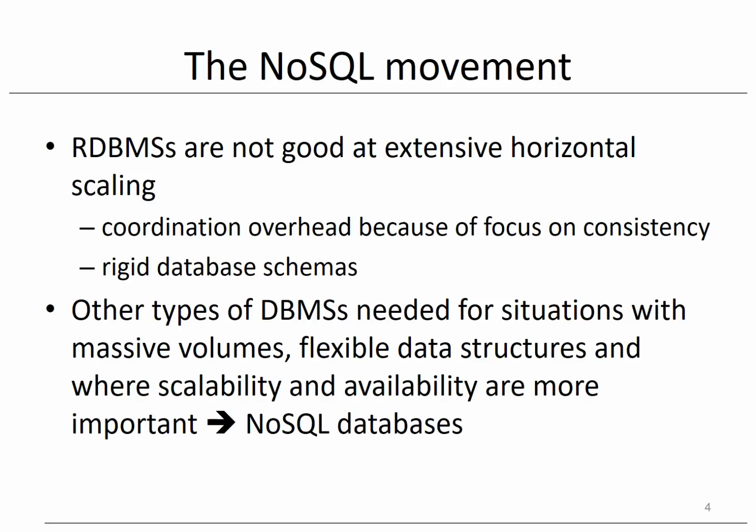Hence, in situations where massive volumes, flexible data structures, scalability, and availability are more important, other types of systems may be called for. This need resulted in the emergence of NoSQL databases.